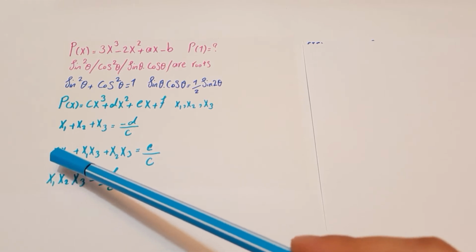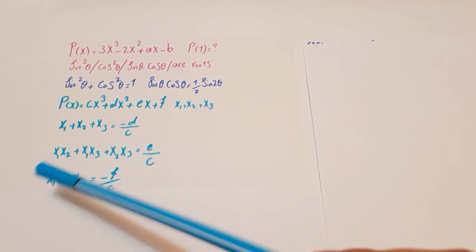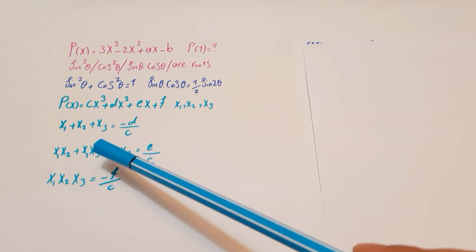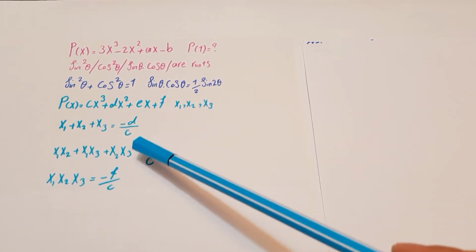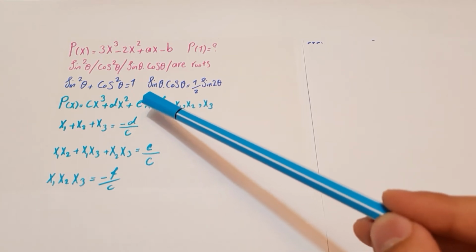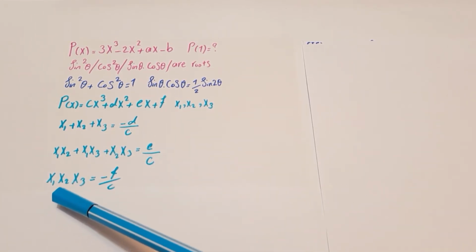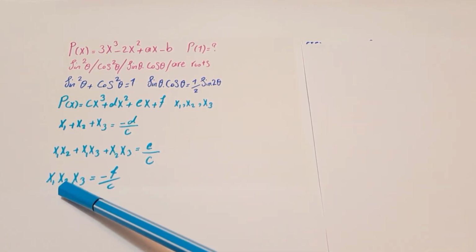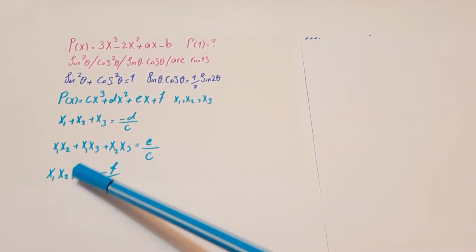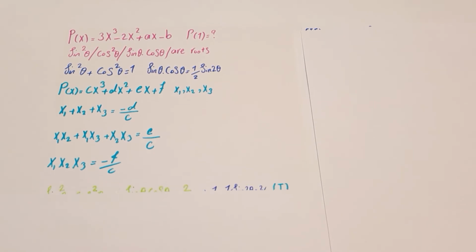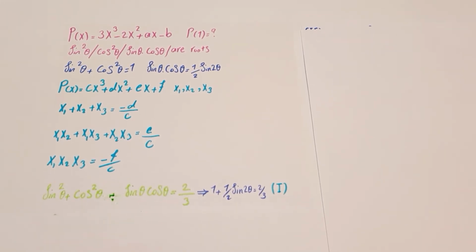The second one, x1x2 plus x1x3 plus x2x3, is equal to e over c. We don't have a negative right here, so pay attention. And the third one, x1 times x2 times x3, is equal to minus f over c, and we have a negative again. We want to use this rule.